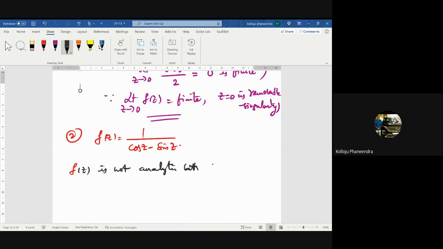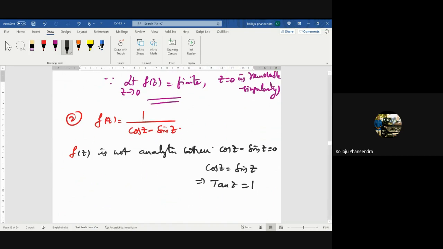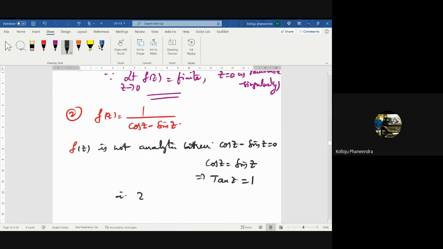When cos z minus sine z equals 0. The denominator is 0. So cos z equals sine z, which gives tan z equal to 1. When tan z equals 1, z equals pi by 4.